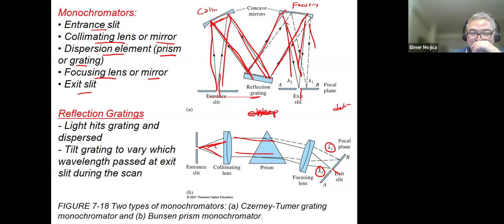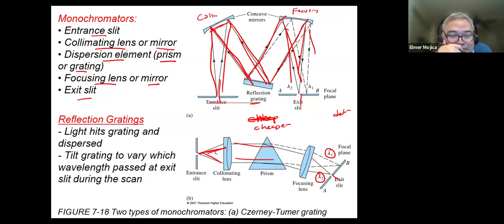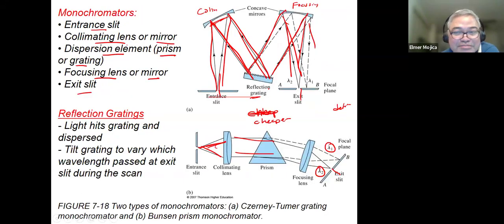Anyone? You type A or B. Which is cheaper? Remember, one is really a reflection grating, while the other one is just what? A prism. So right away there, you will know which is cheaper.